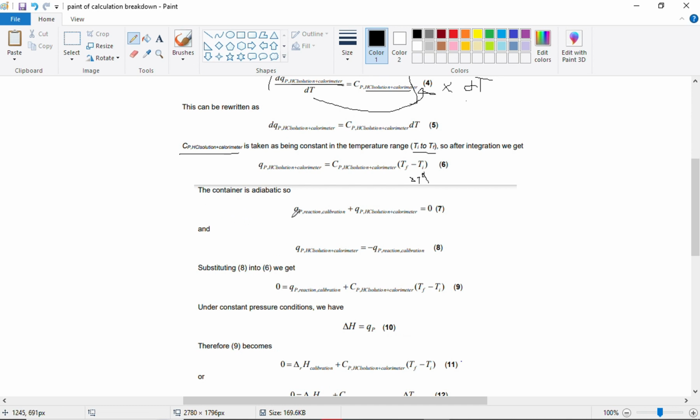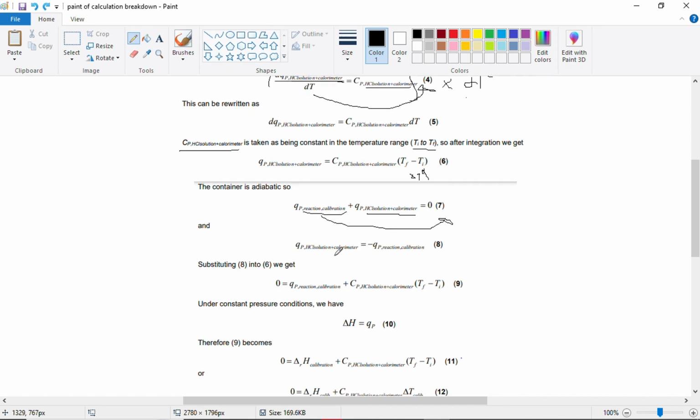So first, we are assuming that our container is adiabatic. It won't be perfectly, but it should be effectively adiabatic, which means that the heat of the reaction has to equal the heat of our calibration. They have to be the same, but negative.